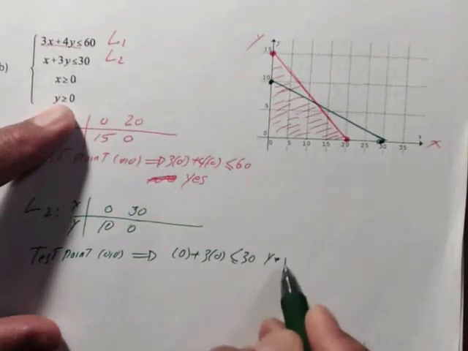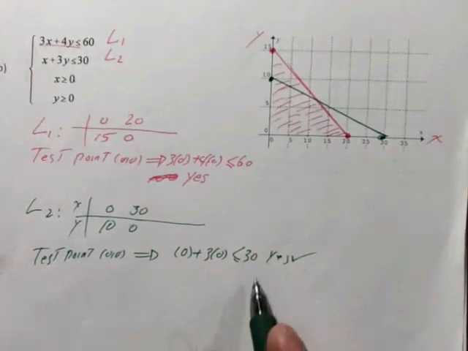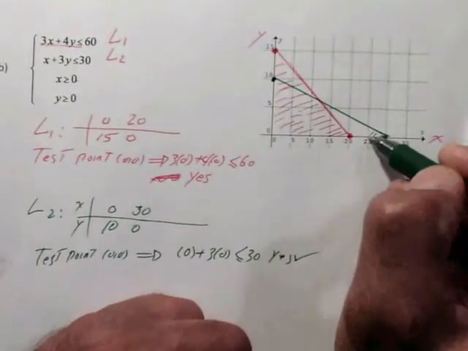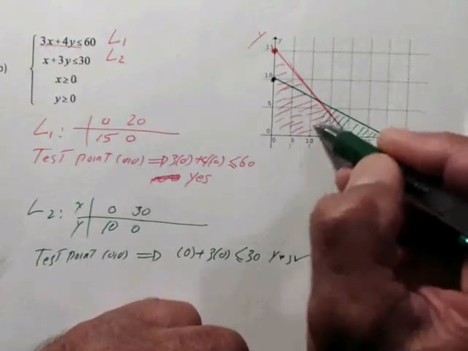The answer is yes, 0 less than 30. So this side of this line is the solution.